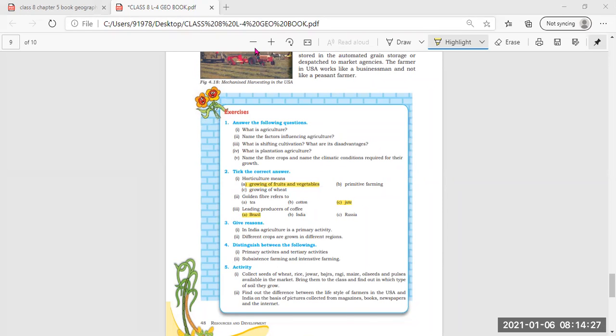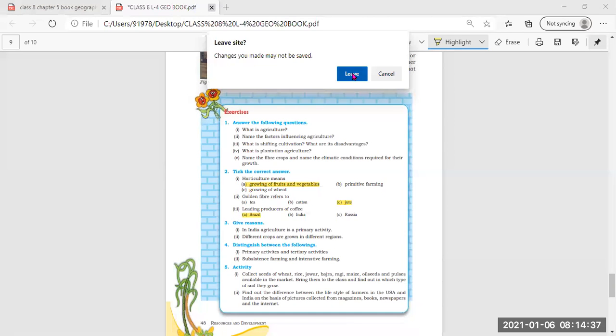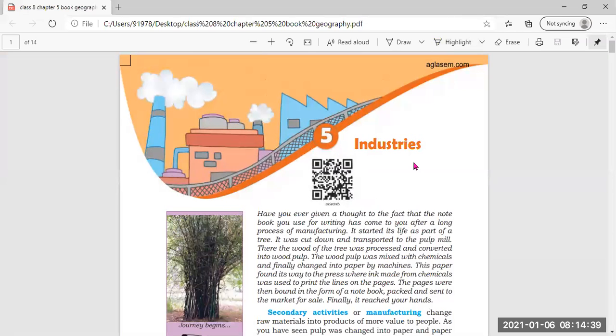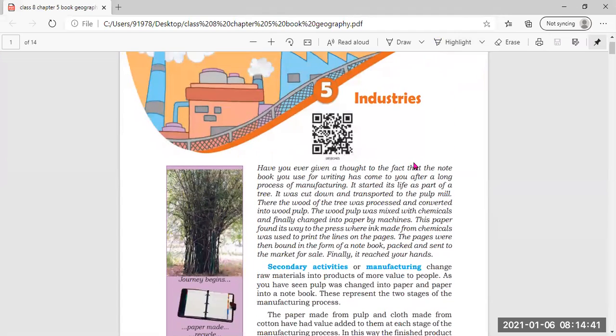Now, today I am going to start with the very next lesson of this geography, that is Industries. You can open your book with this lesson, Industries.